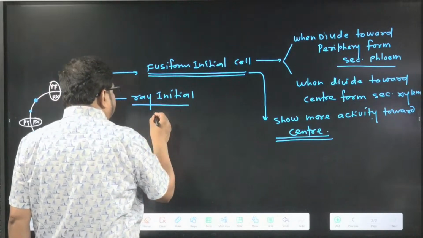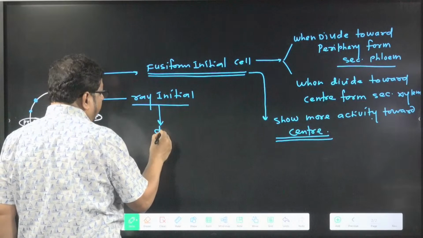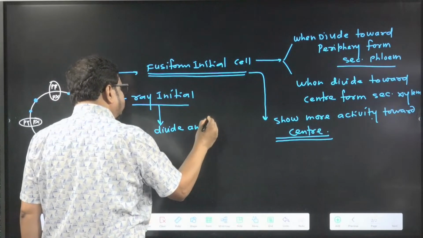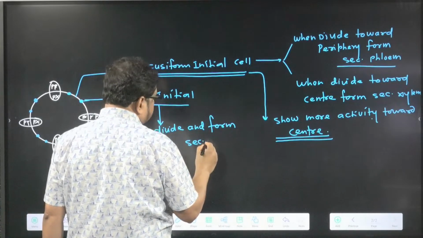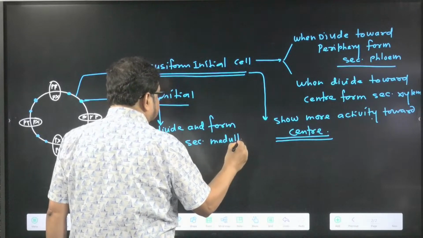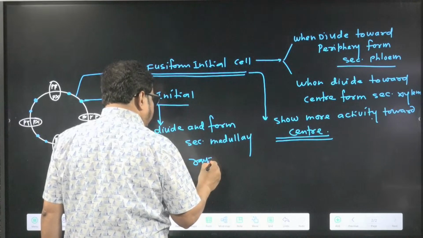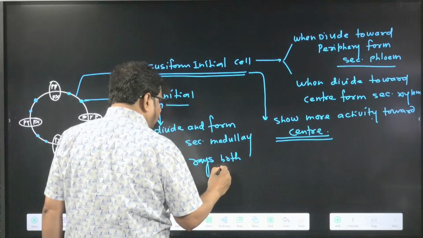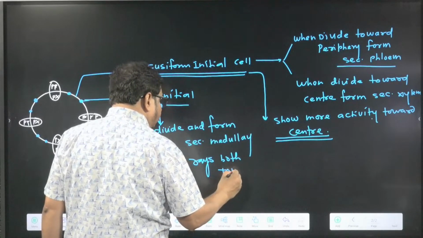Now what are these ray initials forming? These ray initials divide and form secondary medullary rays, both toward secondary xylem and secondary phloem.